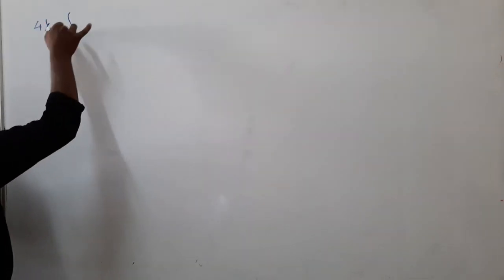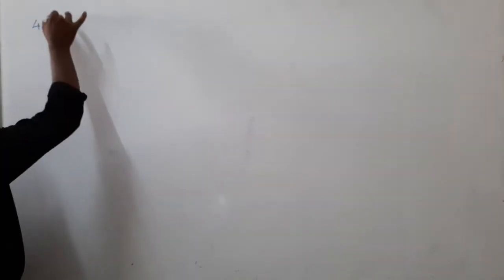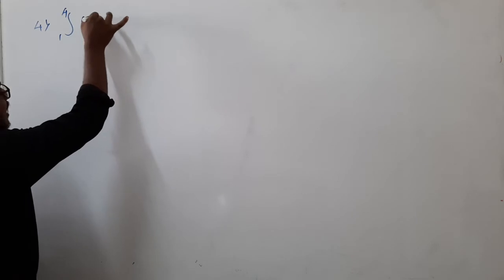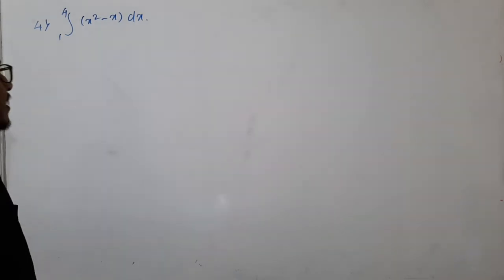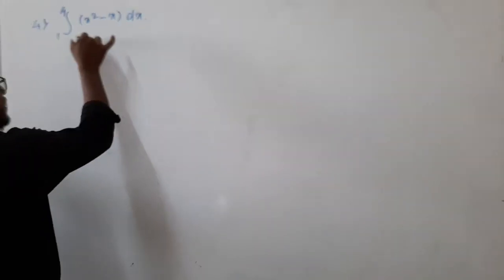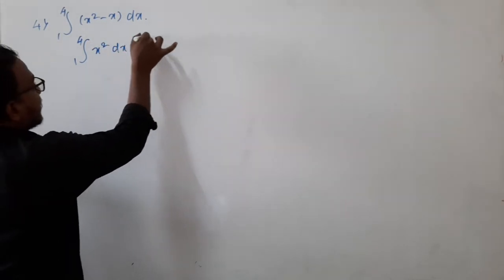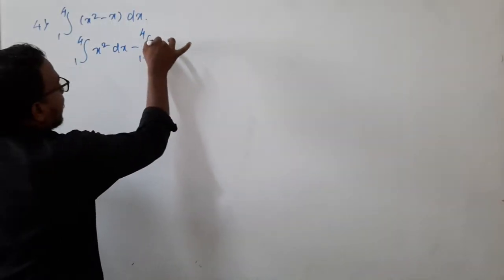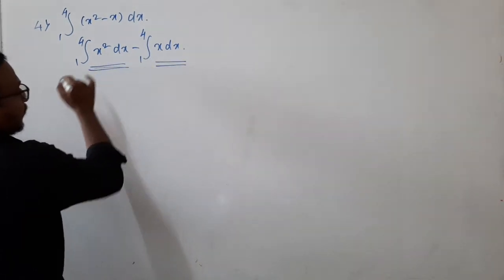The fourth question is the integral from 1 to 4 of x square minus x dx. In integration of sum and difference of two functions, it will become the integration of x square dx minus the integration of x dx. Here two functions come.